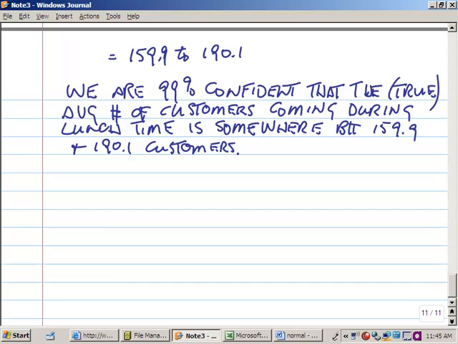Alright, they could use that information to figure out how many waitresses or servers or cooks or whatever they need to make this happen. Okay, parking spaces, whatever.